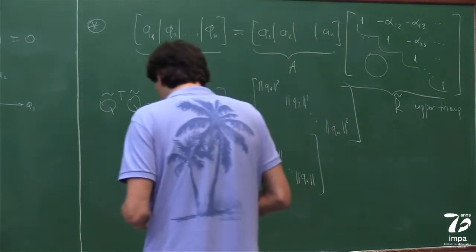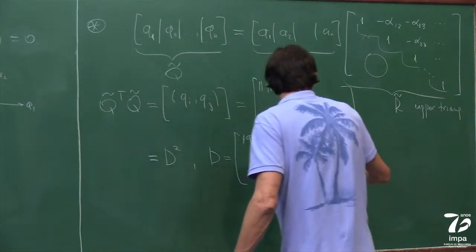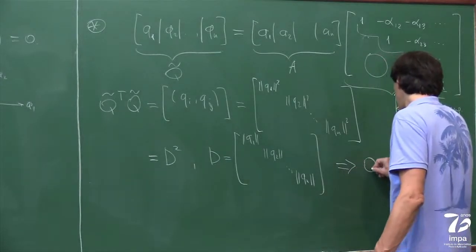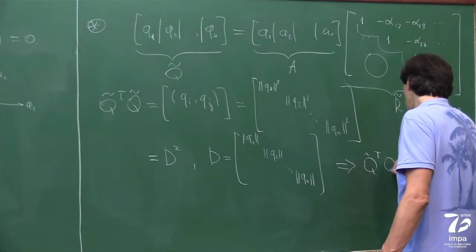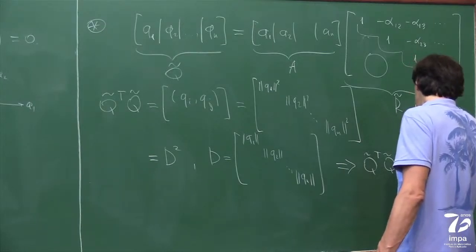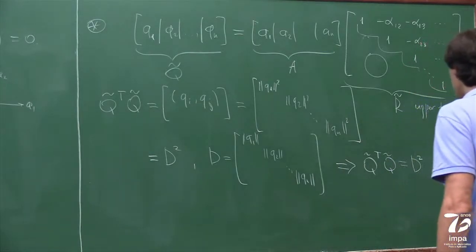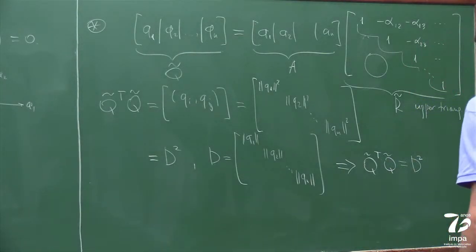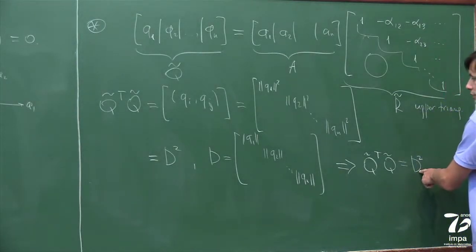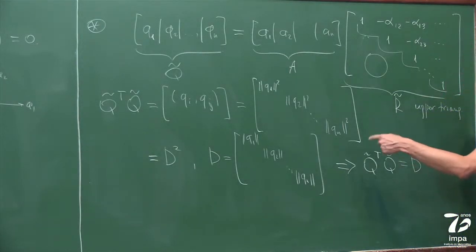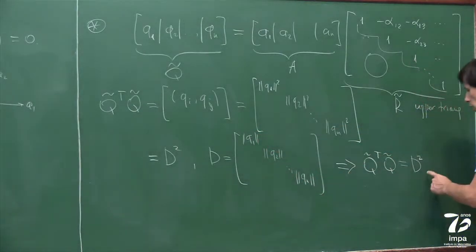So in other words, Q transposed by Q is D squared. So what we can do is we can invert this matrix D, because it's just 1 over each element, and multiply by D minus 1 from both sides.